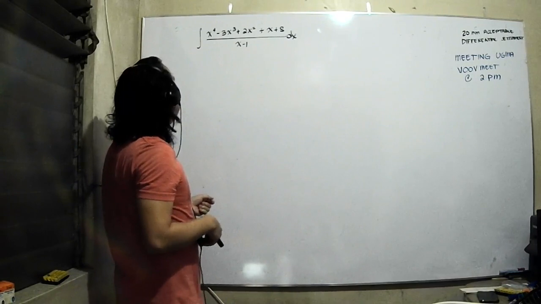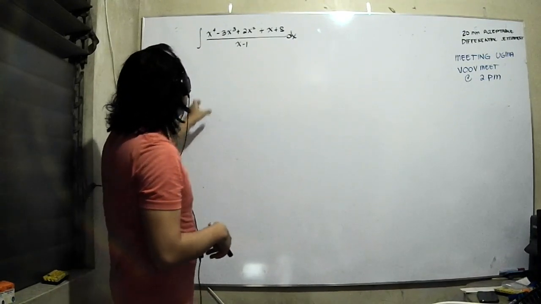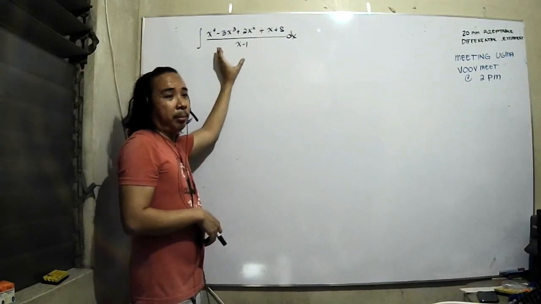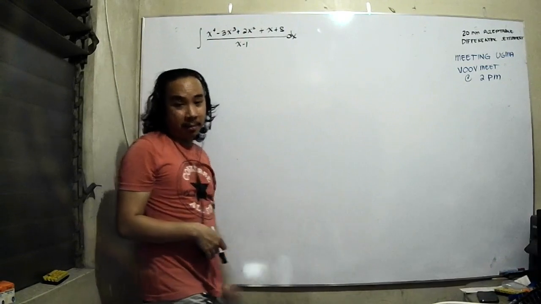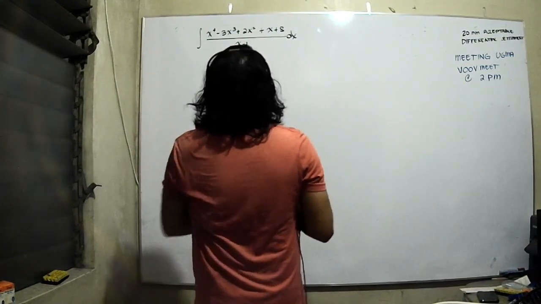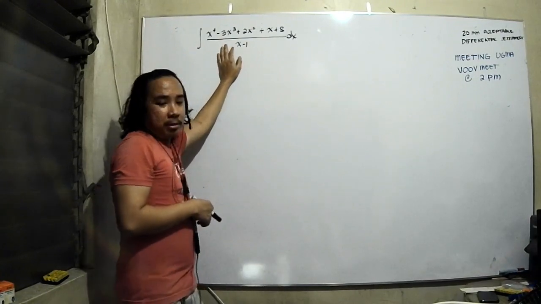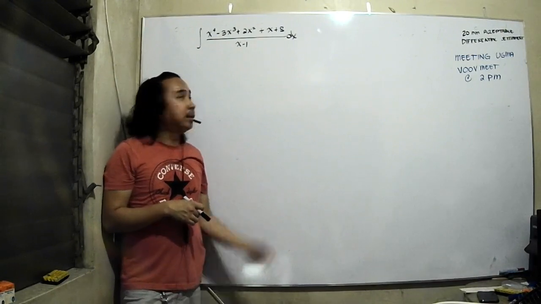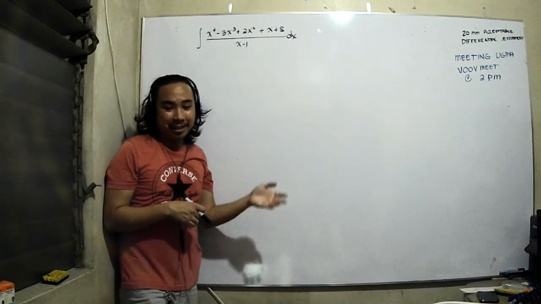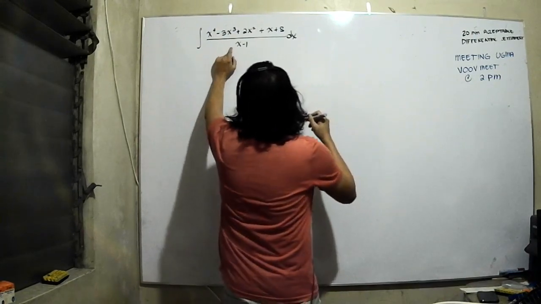There is a division, since we have a numerator and a denominator. It would not be the case if this was a constant, since I could factor it out and go with the integration process. But in this case, it is different, so we have to work it out.